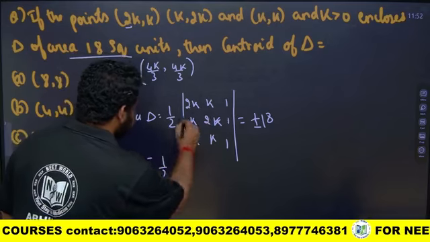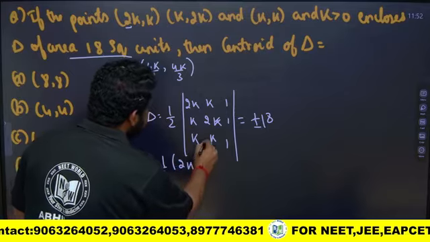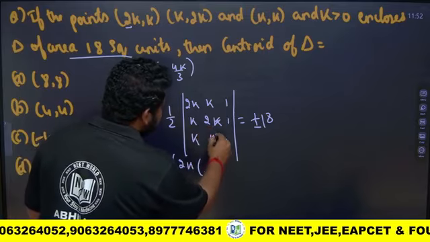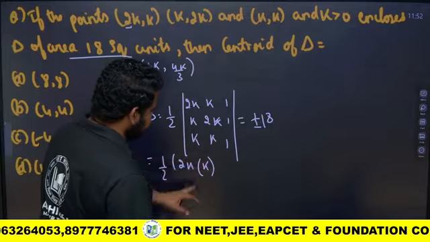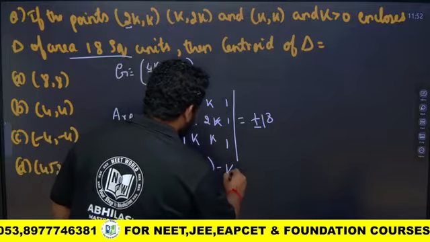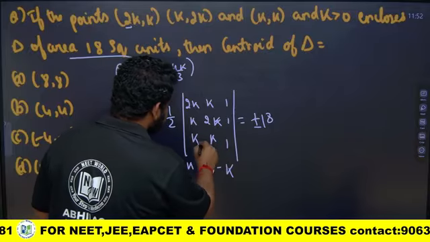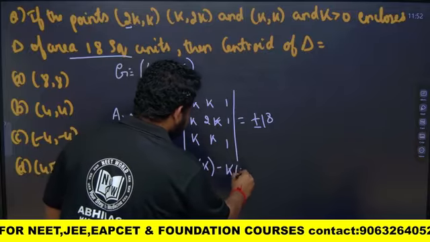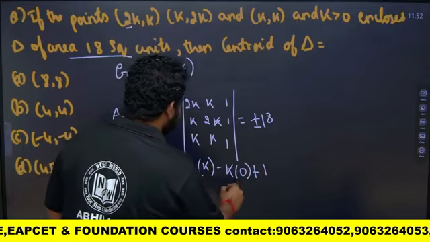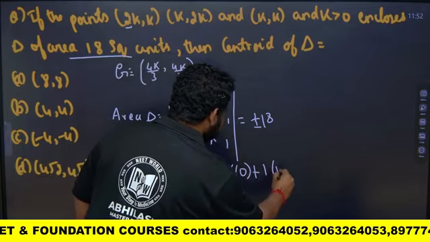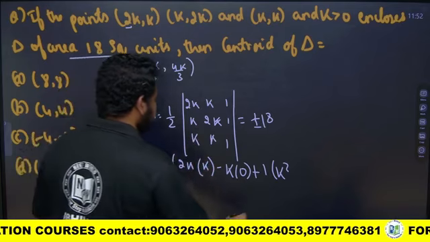Half into 2k into (2k minus k), which is k, minus k into (k minus k), which is 0, plus 1 into (k into k, which is k square, minus 2k square).